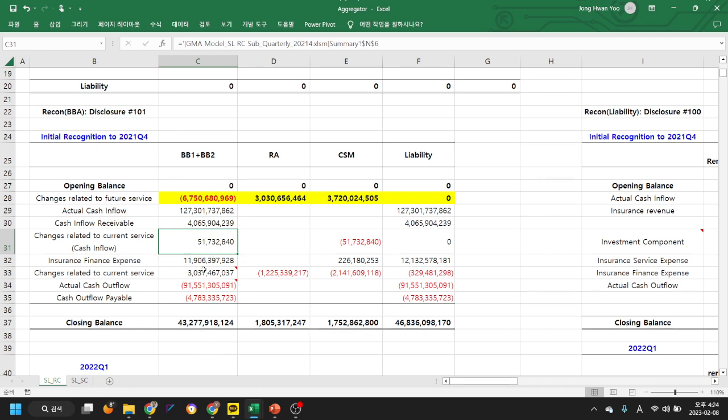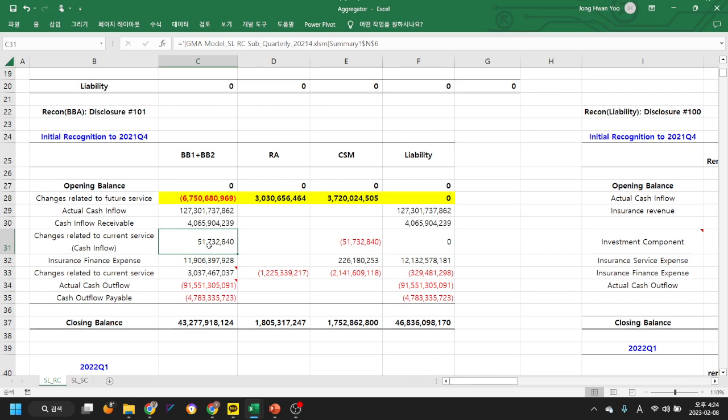I mean this one says we collect a lot less of the premium received, and this is the only exception in the experience adjustment. So for the claim side, the cash outflow is recorded in the P&L statement immediately at the end of the 2021 fourth quarter.